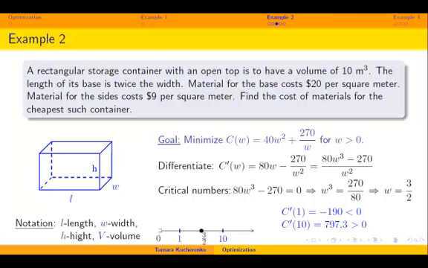Since the value of the derivative at W equals 1 is negative, it is negative on the entire interval from 0 to 3/2. We indicate this by a minus above the interval. Similarly, C prime is positive at 10, so it is positive on the interval from 3/2 to infinity, and we write a plus above.